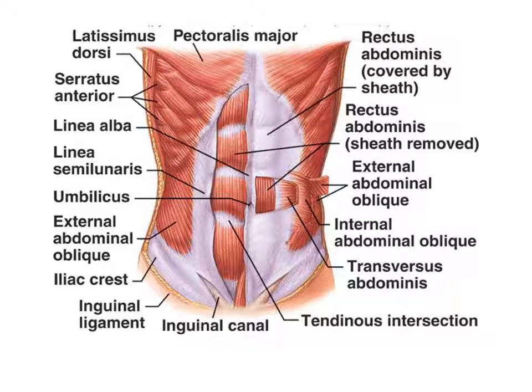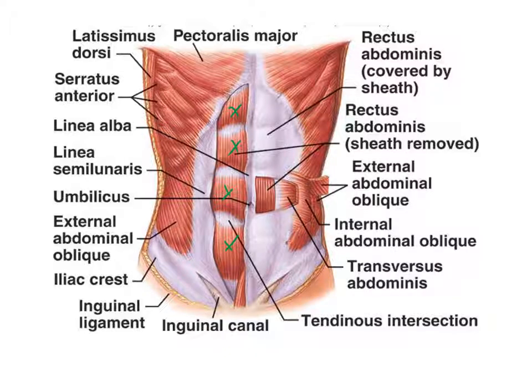The vertically oriented muscle on the anterior abdominal wall is the rectus abdominis muscle, which spans from the costal cartilages of ribs 5 through 7 to the pubic symphysis and the pubic crest. And just like the flank muscles, the rectus abdominis is also innervated by the thoracoabdominal nerves.